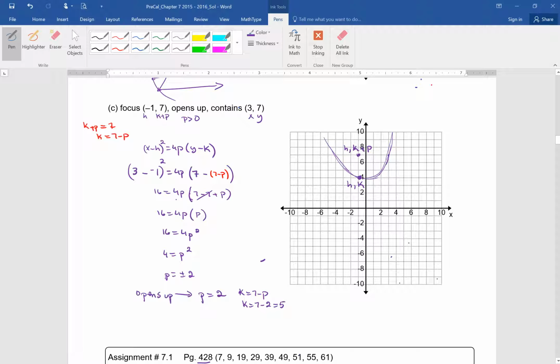Does that make sense? Say yes. Okay, good. So now, x minus h, what is h? Negative 1 squared is equal to 4 times p, y minus k, and k we just said was equal to 5. So (x plus 1) squared is equal to 8(y minus 5).